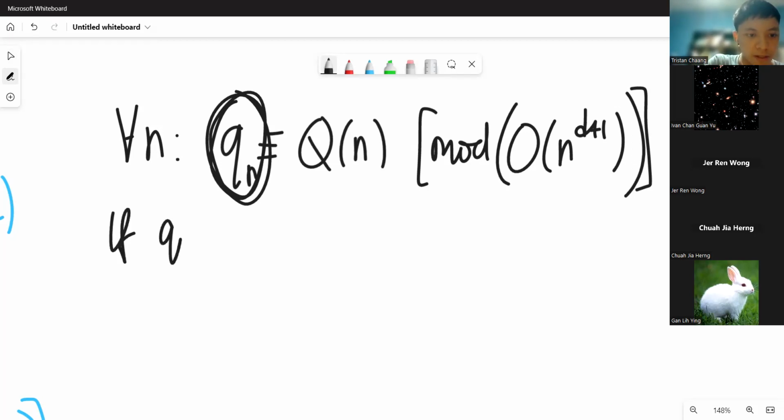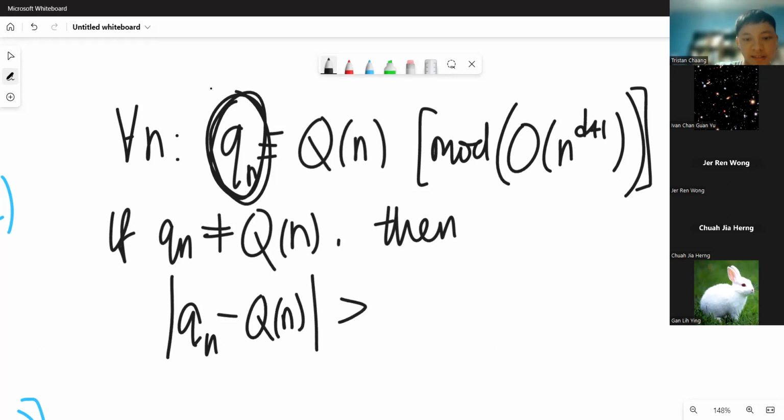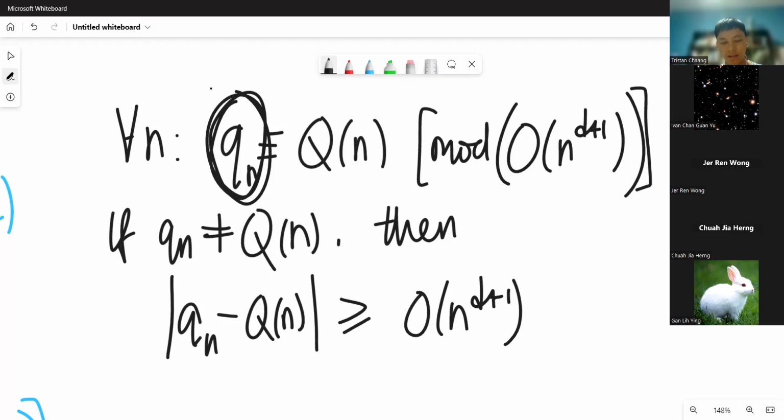So let's see. If qn is not equal to capital Qn, then the absolute value of qn minus Qn will be at least this term, which is of order n to the d plus 1.